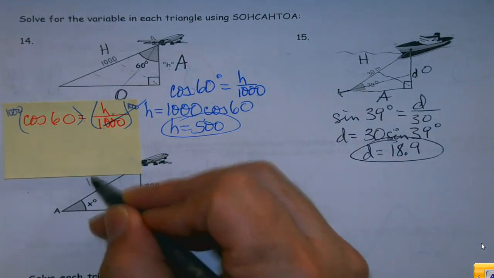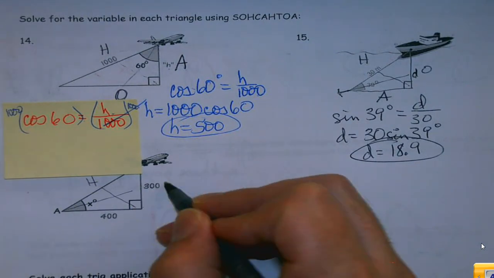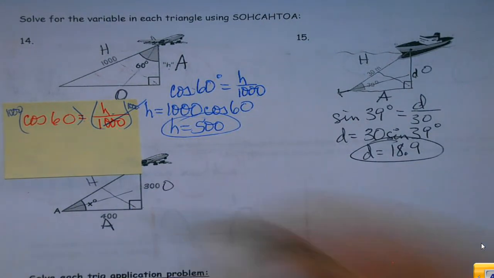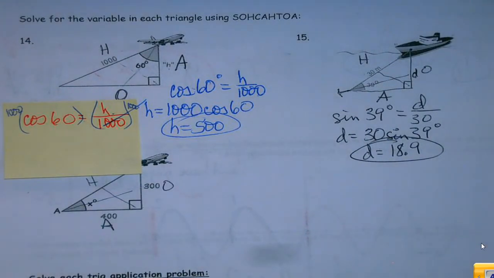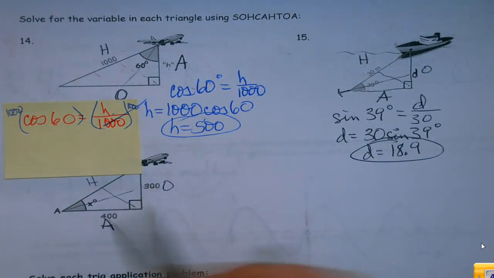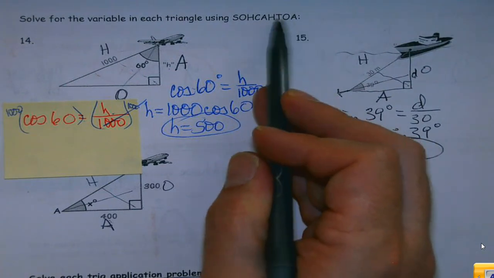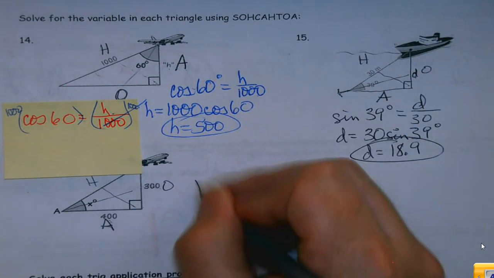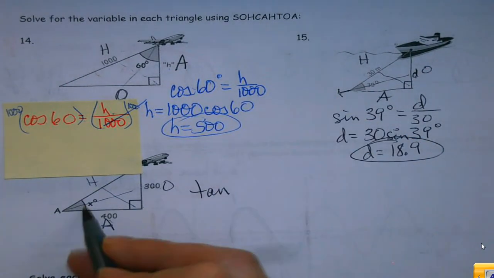So then my last one, all right, hypotenuse, opposite, adjacent's all that's left. I notice I have opposite and adjacent as my numbers. Opposite and adjacent would be tangent. But be careful, I'm looking for an angle.